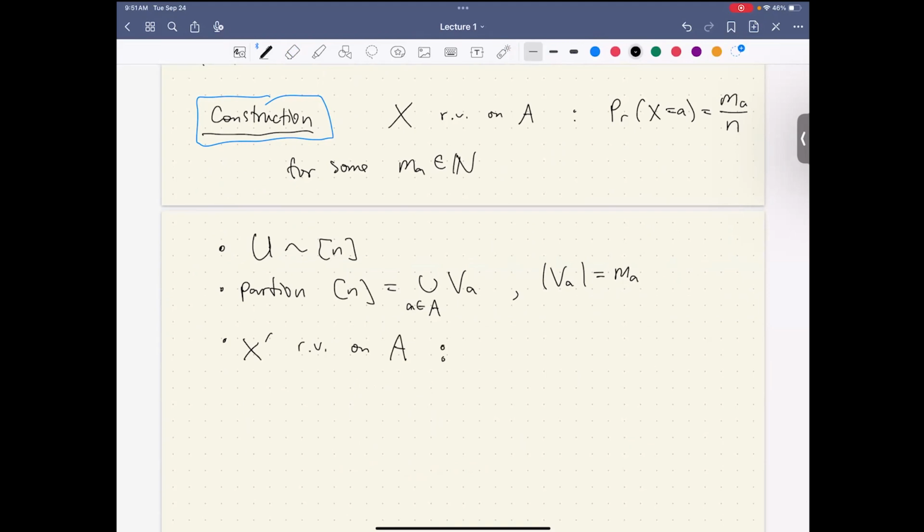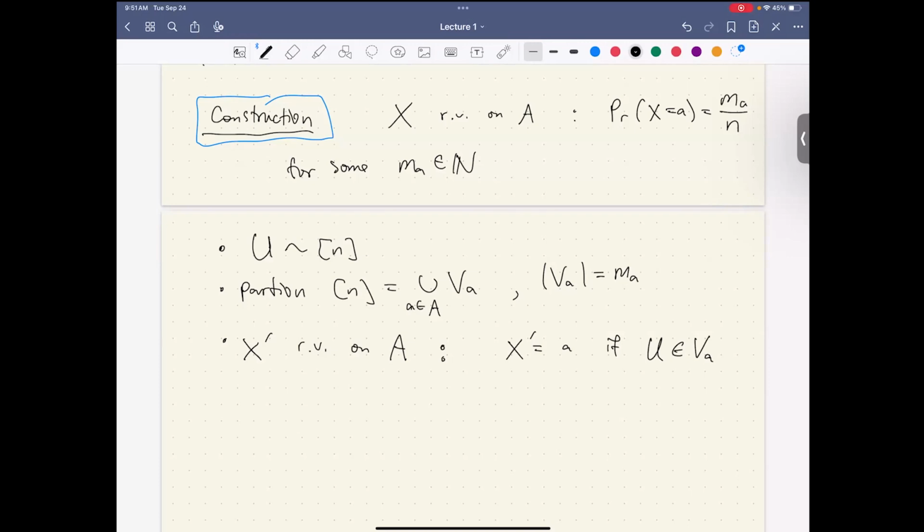This is a random variable that depends on U. X prime equals a if U lies in V_a, when U is uniformly distributed over N. You will see that X and X prime are identically distributed.